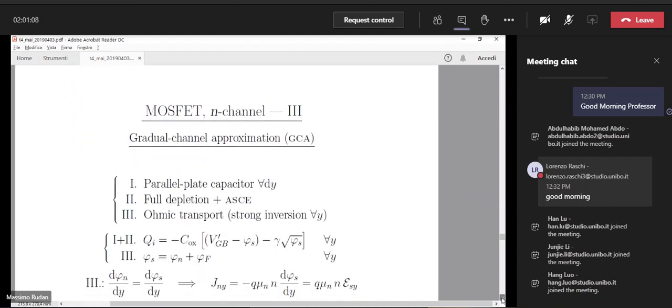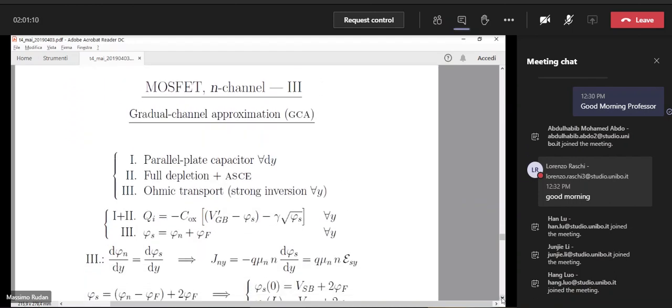This set of approximations together, that is 1 plus 2 plus 3, go under the name of gradual channel approximation, GCA. Okay, so the gradual channel approximation is actually a set of different approximations: the parallel plate capacitor for the elementary strip, full depletion Asch approximation, and ohmic transport corresponding to this.